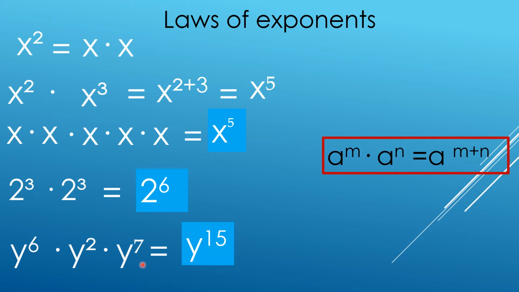Now, in general, if I have a raised to m times a raised to n, with the same base a, just copy that base and add the exponents, m plus n. That is what we call the product rule for exponents.